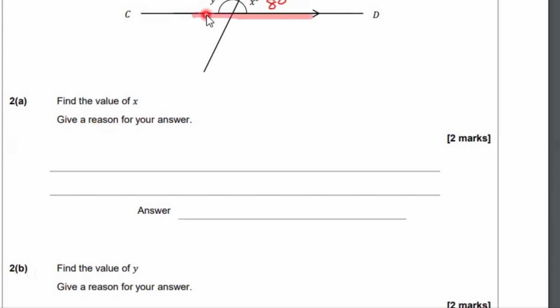So x plus y should always add up to 180 because they're on a straight line. We know that x is 80, so 80 and y should be 180, which gives us the answer for y. And y should be 100. So when dealing with angle questions, it's important to remember that there can be many ways to approach the question and still get the correct answer.